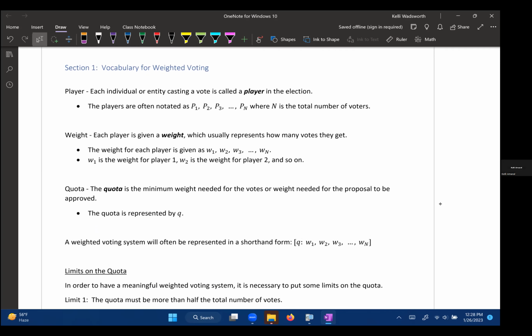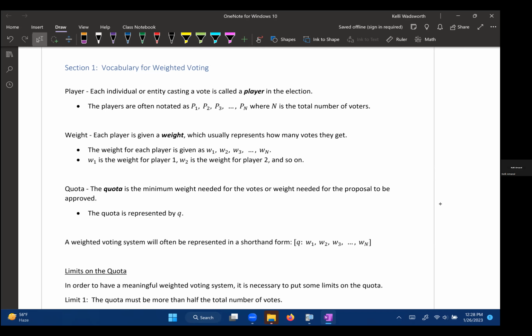When we're talking about weighted voting, we often call the people that have the votes players. It's just an easy way to talk about it. It kind of makes it sound like a game, and in a way it kind of is. Each individual or entity casting a vote is called a player.